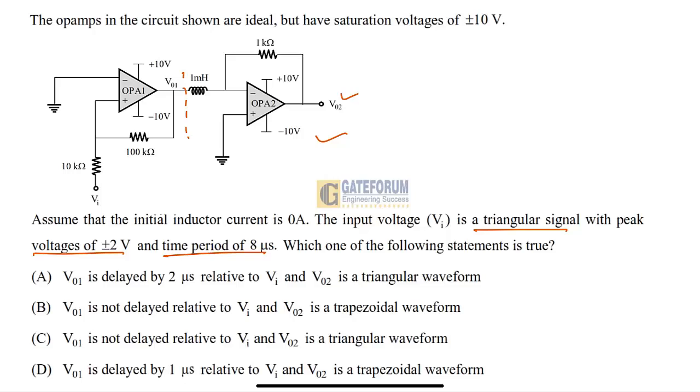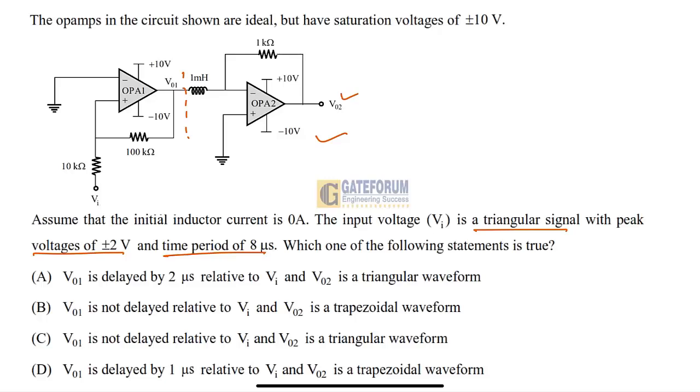It is a Schmitt trigger with non-inverting input. The functionality of a Schmitt trigger circuit is that it converts a sine wave or triangular wave into the corresponding square wave.